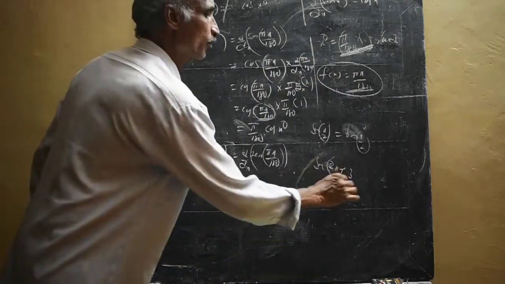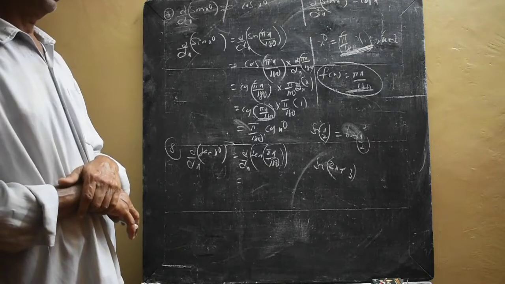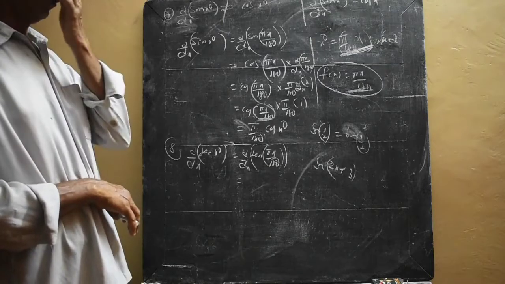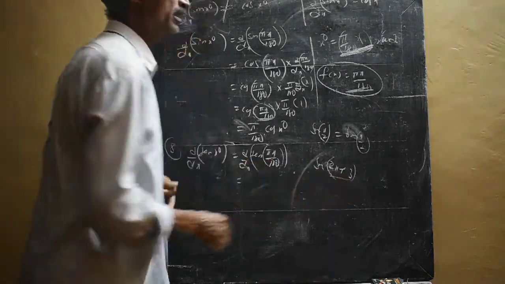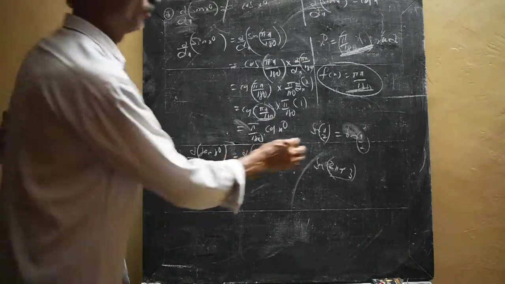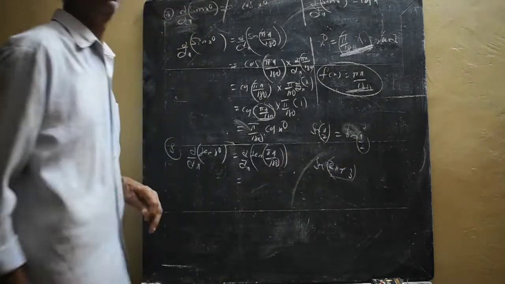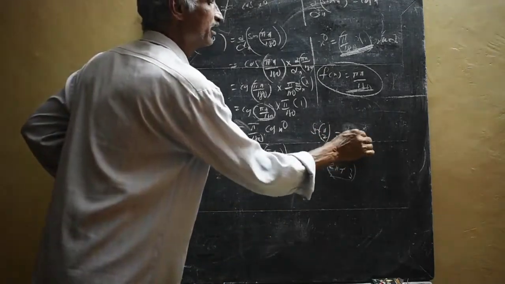In that case, you have to put the bracket. If 2x plus 3 is f of x, then it is better to put the bracket. For single terms like sin x by 2, you can write it without bracket.